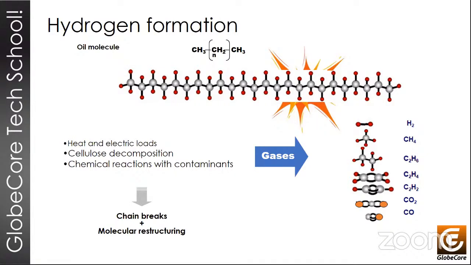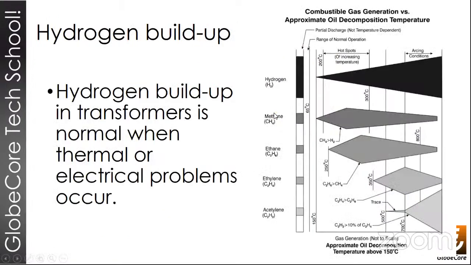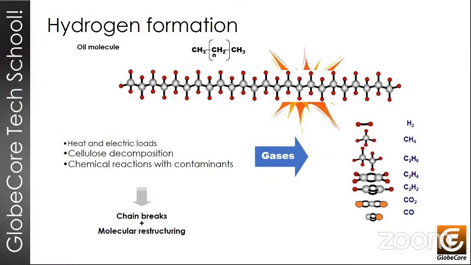But this process can also generate quite a few other gases, such as methane, ethane, ethylene, acetylene, and others. And this rearrangement is one that we use extensively for gas chromatography. And there have been statistical studies that allow us to find out the actual malfunctions associated with other gases.